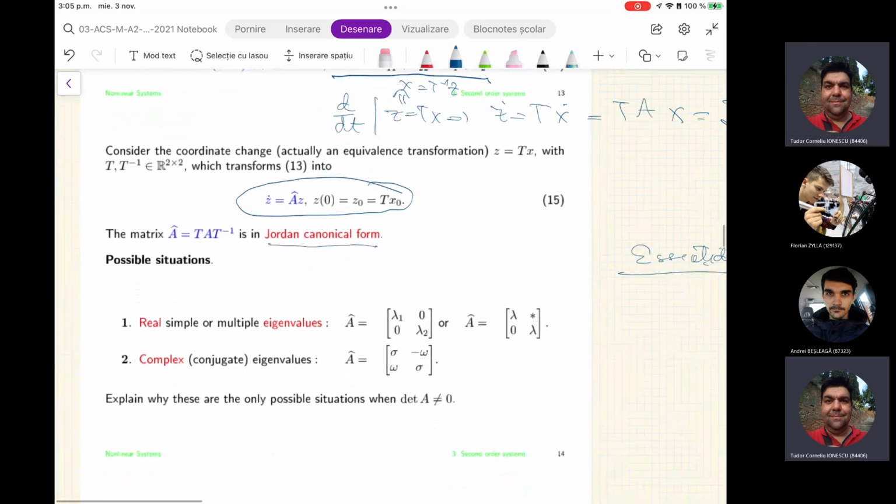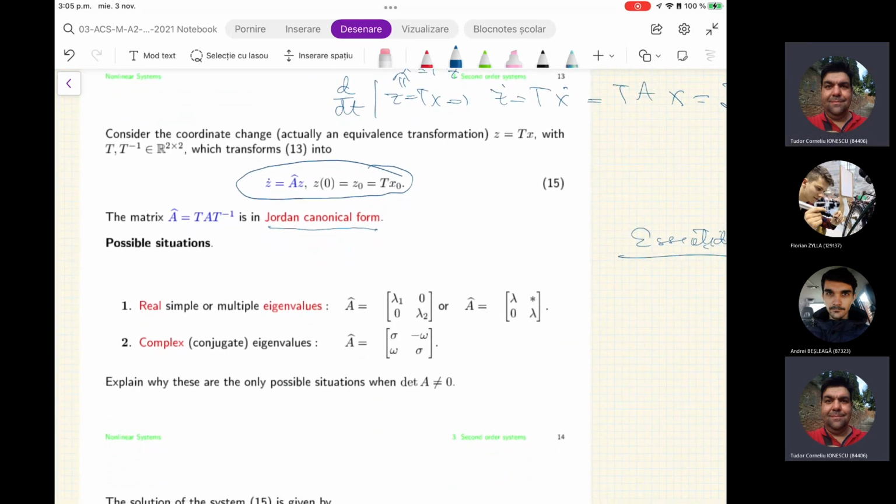And now we have special cases. We have some situations which might occur. We can have real simple or multiple eigenvalues. For instance, this is the diagonal case, when the eigenvalues are distinct.